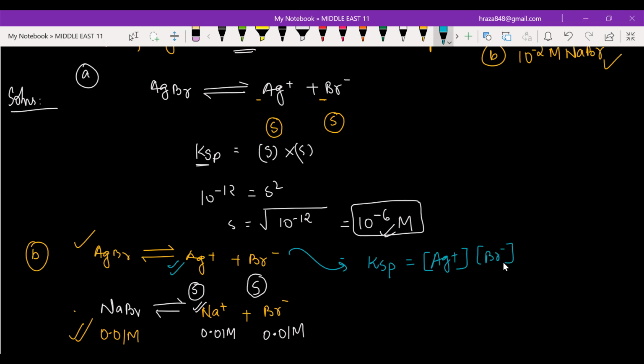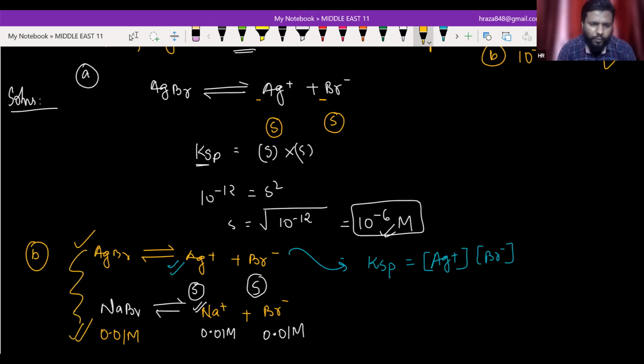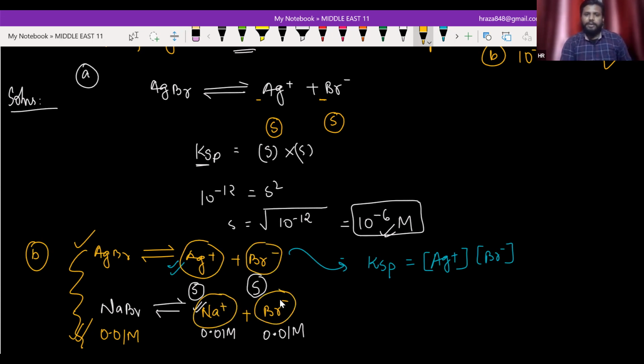Yes, sir. Now see what will be the difference between the previous question and this question. This is a different question. You can see that AgBr and NaBr, or you can say Ag plus, Br minus, Na plus and Br minus, all will be in the solution. Is that clear, everyone? Yes, sir.